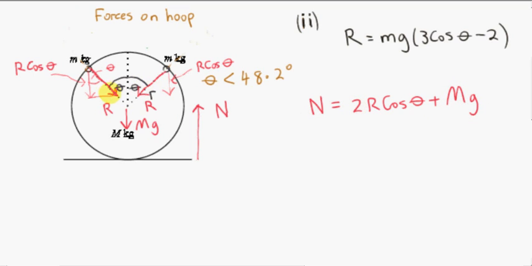Now we don't have to worry about the horizontal components, of course, because they'll just cancel out, because there is no motion of the hoop in the horizontal direction, no acceleration in the horizontal direction. So now notice here that this is an equation involving magnitudes. So it's assumed that n is some positive number, r is some positive number. And that's certainly the case for this picture. But, as I mentioned earlier, things could change if the rings move far enough down the hoop.